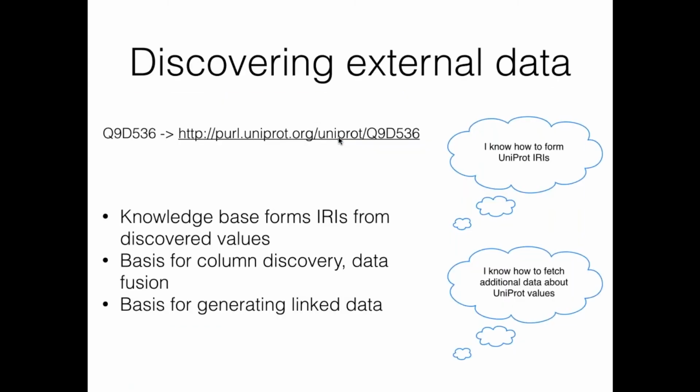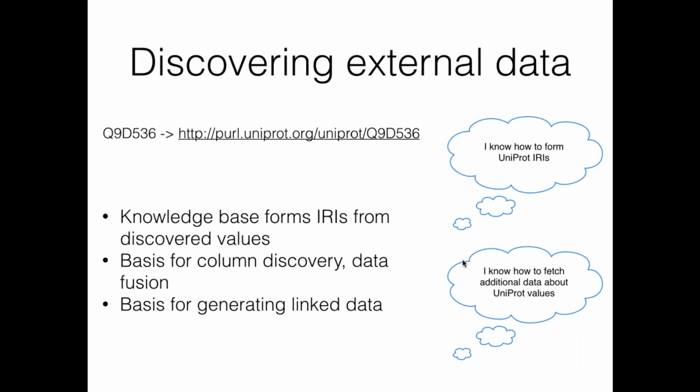So when we have performed this guess, when we have, for example, a UniProt column that we're very confident about, then that can be a basis for column discovery. It can be a basis for integration and data fusion, and then we can generate a fused data set. Because the knowledge base also contains information about what are some additional data sets that I can combine with UniProt columns.